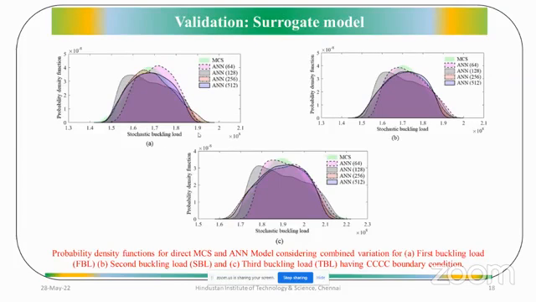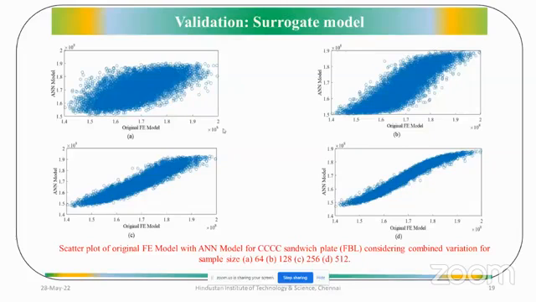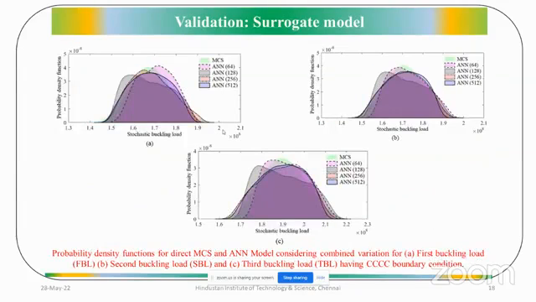So for surrogate model validation, we are doing the PDF, probability density function, as well as the scatter plot. From the PDF, the green color represents the result obtained from the Monte Carlo simulation approach, whereas the different colors are for different numbers of samples: 64, 128, 256, and 512.